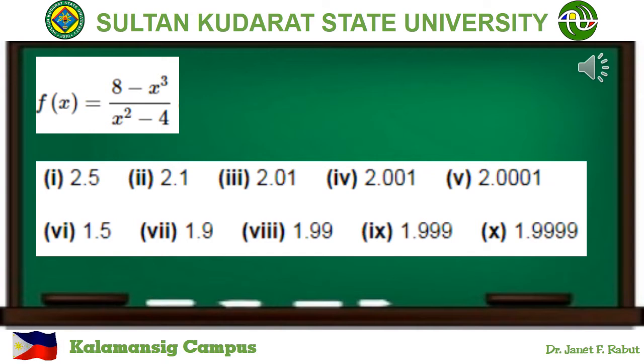So let's say we have here 2.5, 2.1, 2.01, 2.001, 2.0001, 1.5, 1.9, 1.99, 1.999, and 1.9999.